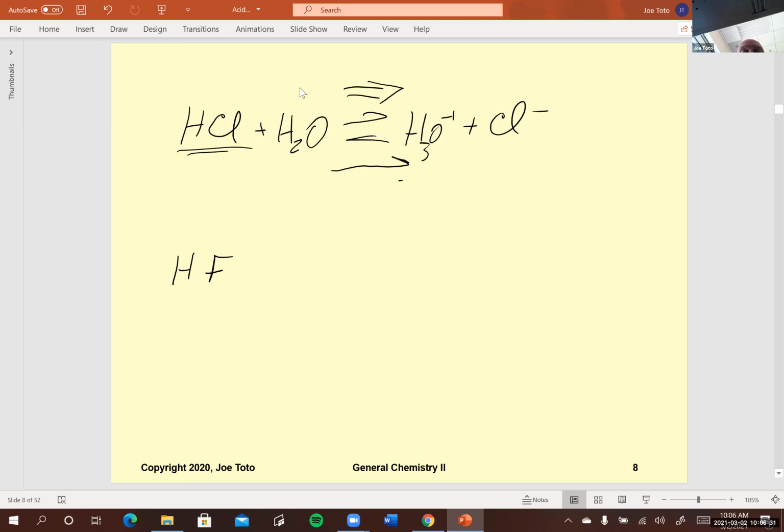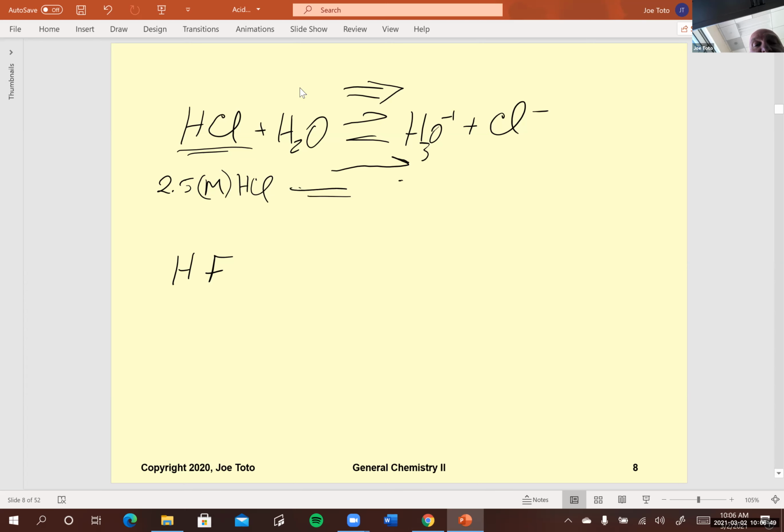The equilibrium lies towards product. It's a limiting reagent type of a problem. And what do I mean by that? I mean that if you have 2.5 molar HCl, well, you don't have any HCl in there.